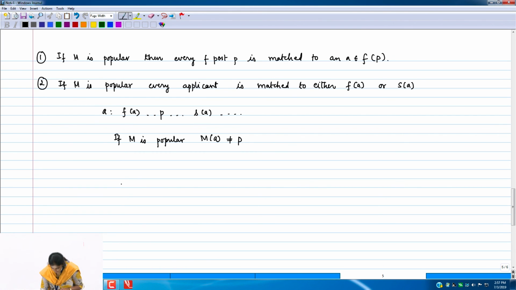So again I would like to draw the picture. A is matched to P in this claimed popular matching. We know that this is neither its F post nor its S post. So its F post is somewhere better, F of A, and there is something more which you know by now, which you should use to get 2 promotions.